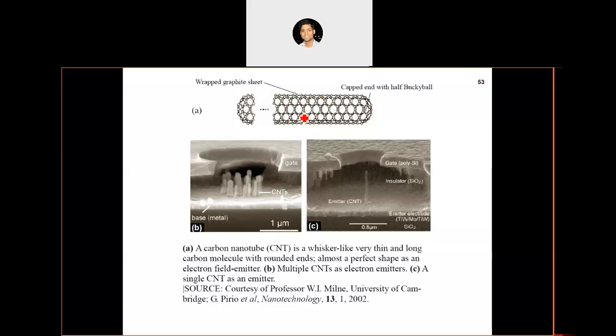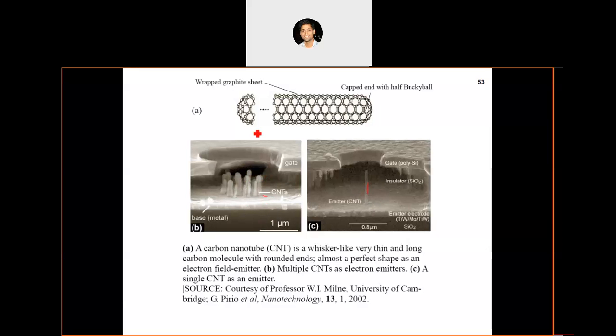If you cap them with fullerene atoms, then this can also be used in field emission displays. You can see there is an array of these carbon nanotubes here, and this micrograph is showing a single carbon nanotube.